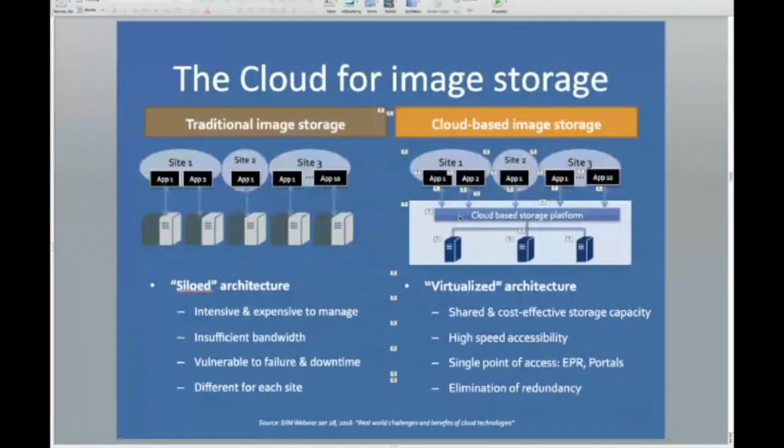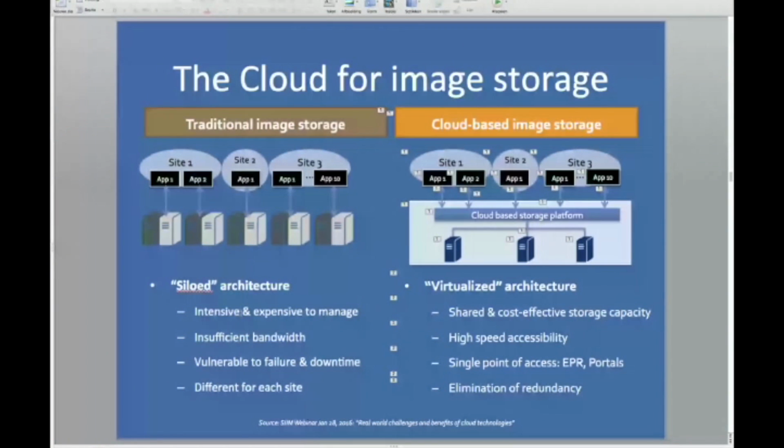Now I will show you the difference between the traditional image storage as we still use it in most locations, and the cloud-based version. On the left side, you see the traditional storage system, which means that, for example, in a hospital group or network, we have different sites, sites 1 to 3. Every site has its own hardware and its own applications. And this is the so-called silo architecture.